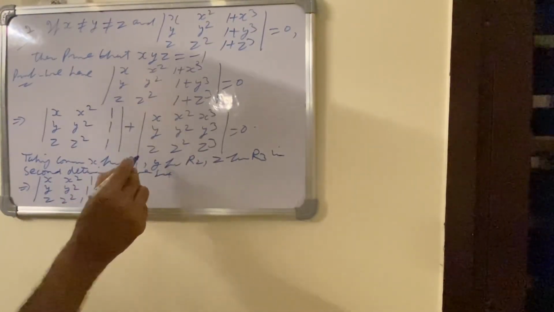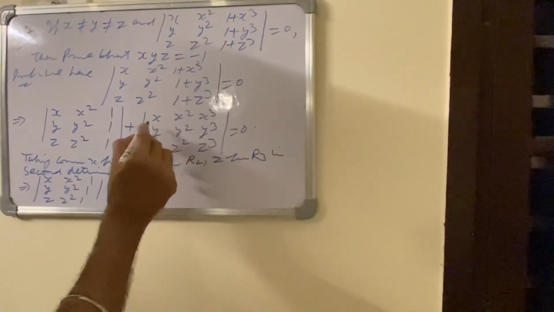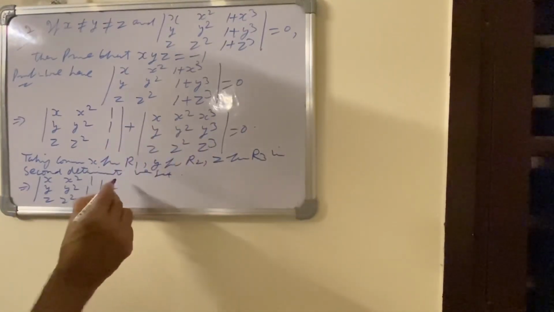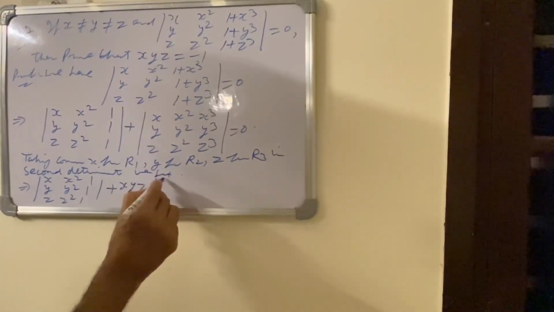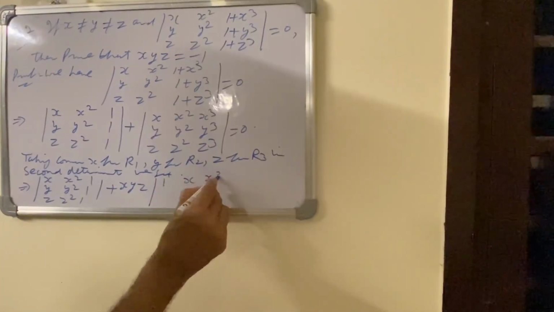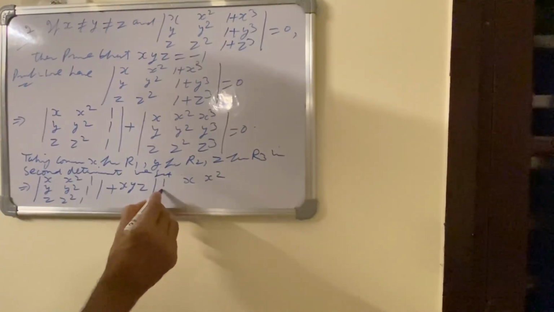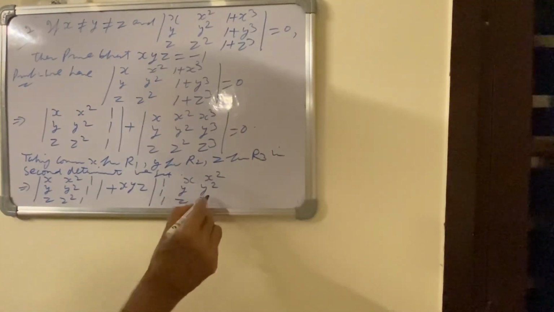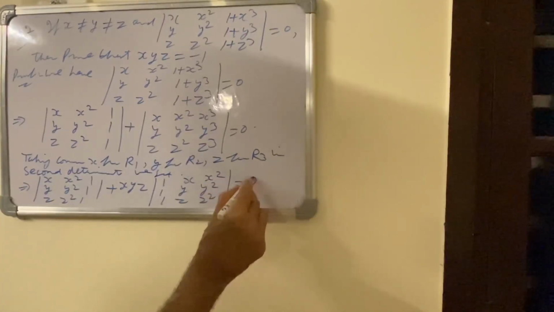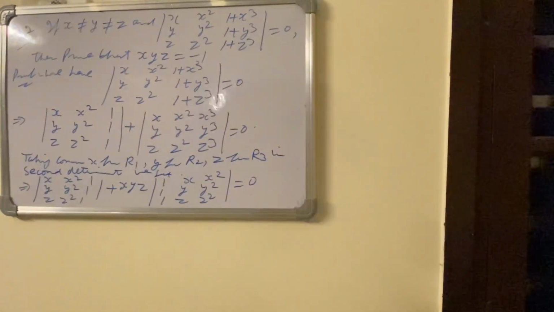In the second, we take x common from R1, y from R2, z from R3, x, y, z. So we are left with 1, x, x squared, 1, y, y squared, 1, z, z square is equal to 0.